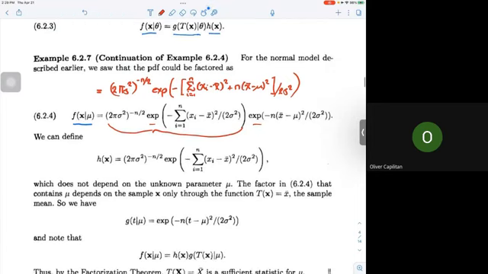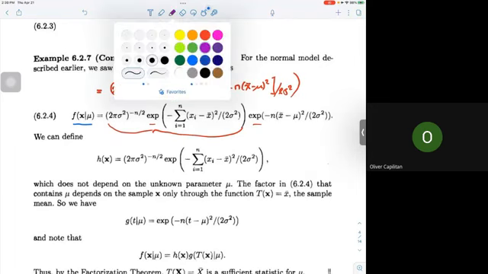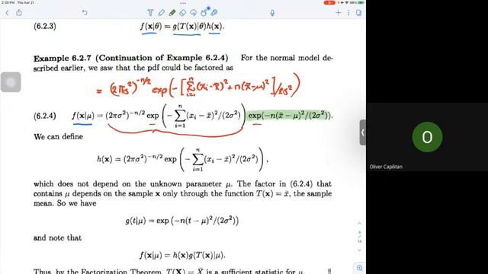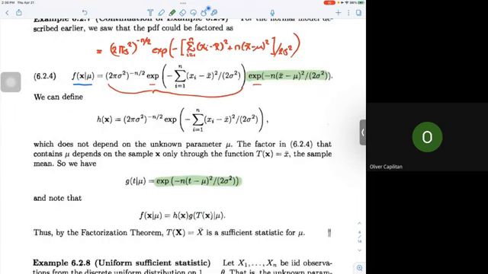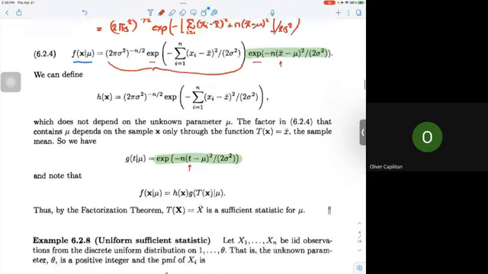So the remaining expression here would be the function g of t and mu, considering t here as our sample mean. Hence, we have expressed the joint PDF of our sample as the product of these two functions.